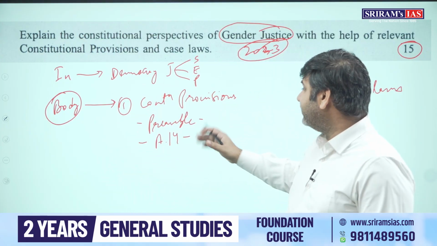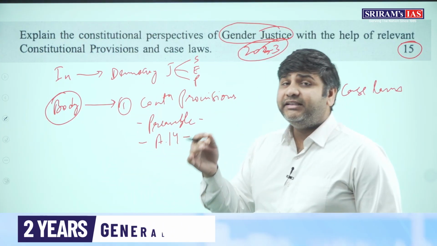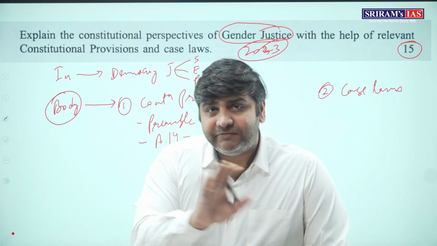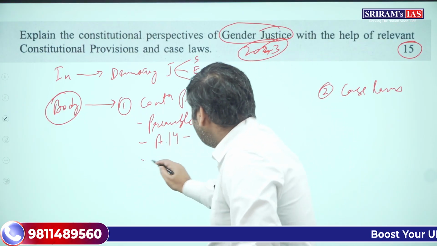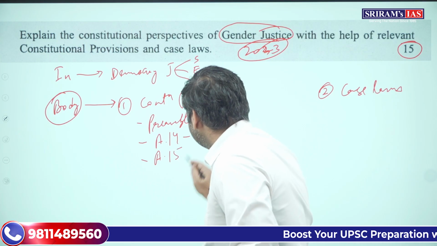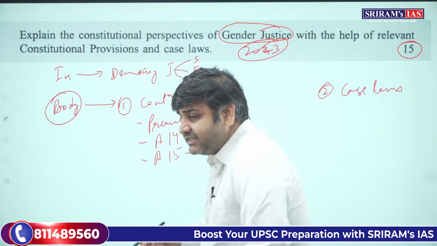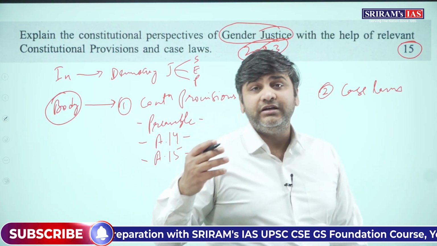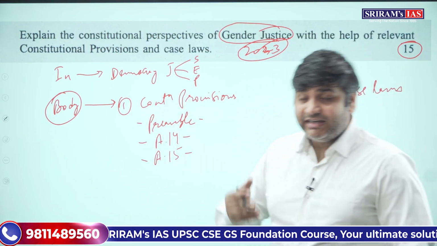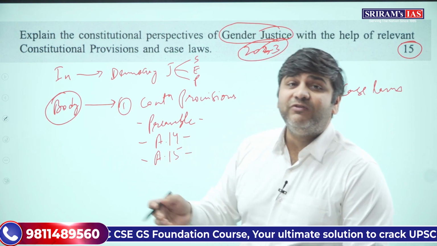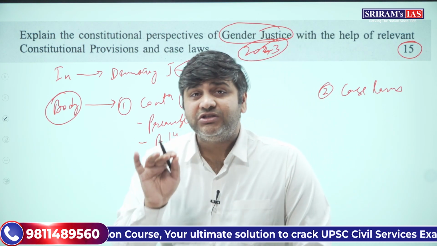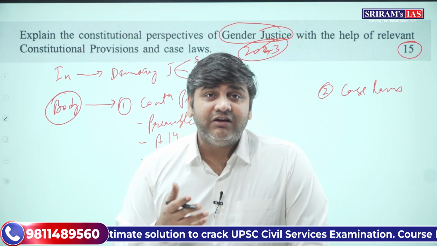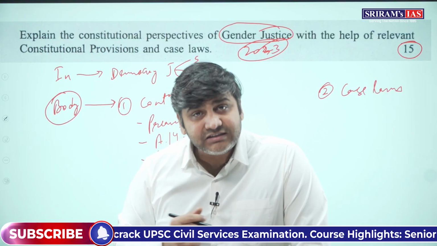So it's a very broad article and this is particularized by Articles 15 and 16. Now we will see what is given in Article 15. If you look at Article 15, several grounds are given on which there shall not be any kind of discrimination by the state. Religion, race, caste, sex, place of birth, these must not be the grounds on which any policy or action of the government discriminates against citizens.